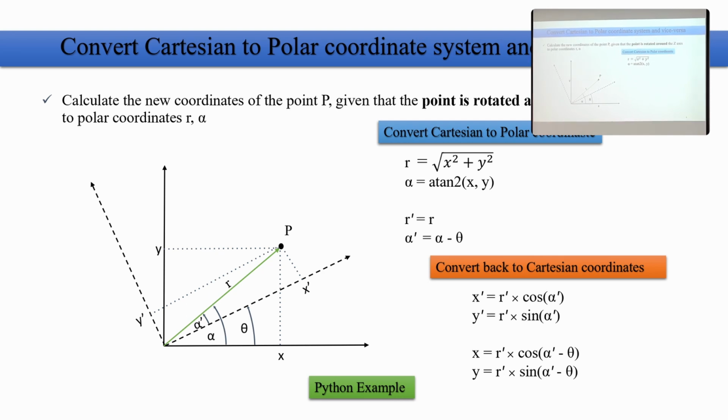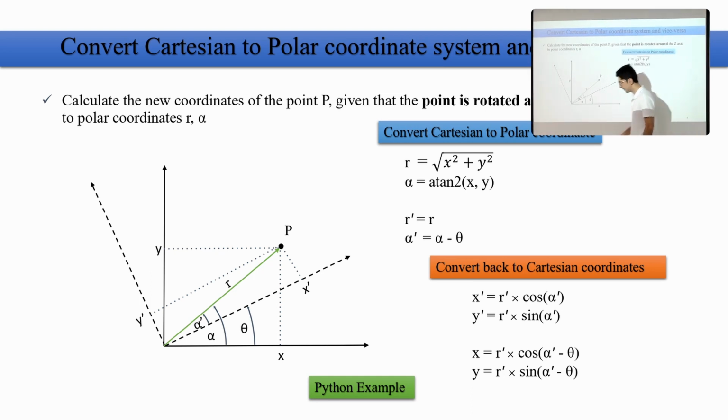So now we can say, okay, r prime, the new one after the conversion. If you want to calculate the amount of rotation that we have, the r prime is exactly r itself, and theta prime is the alpha subtracted by theta here.